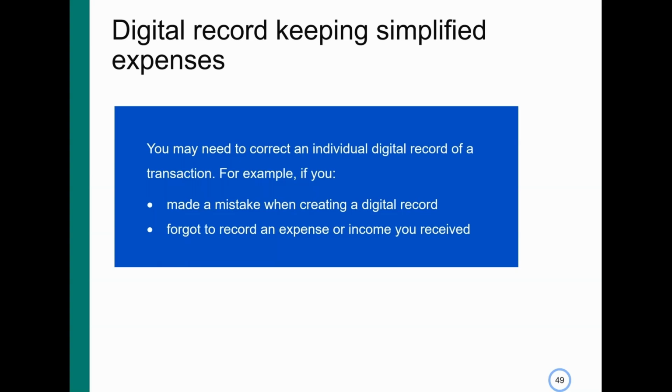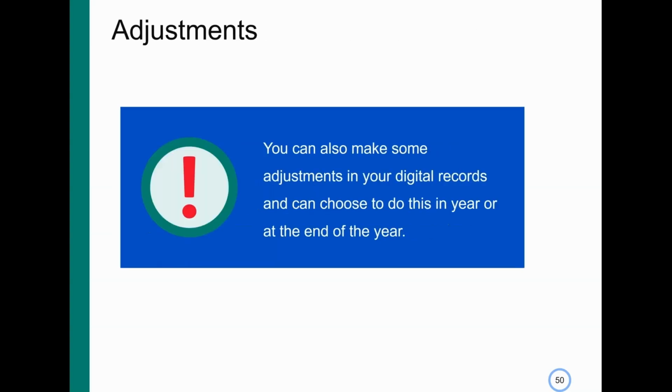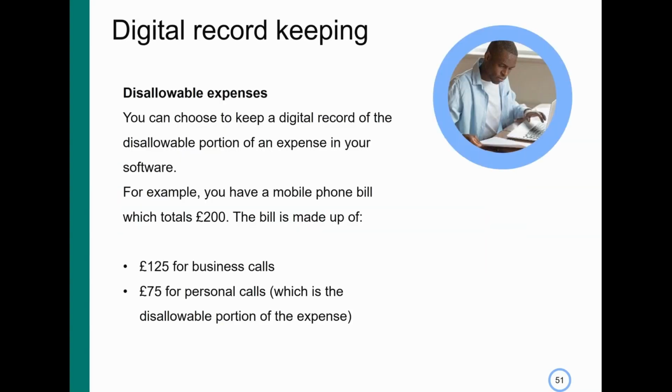You can also make some adjustments in your digital records and can choose to do this in year or at the end of the year. You can choose to keep a digital record of the disallowable portion of an expense in your software. For example, you have a mobile phone bill which totals £200.